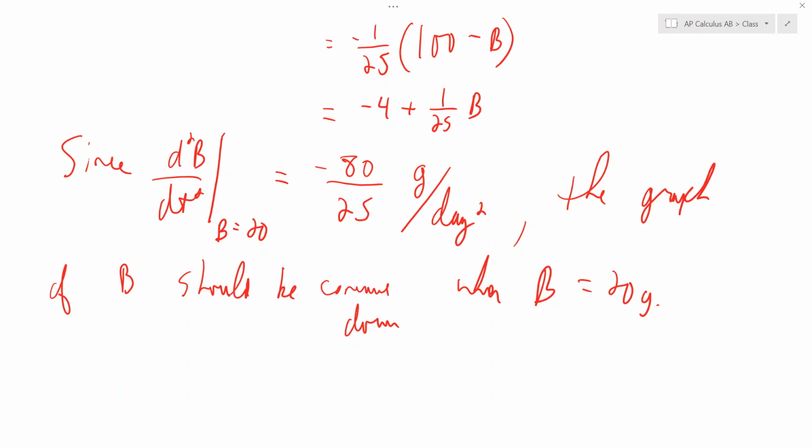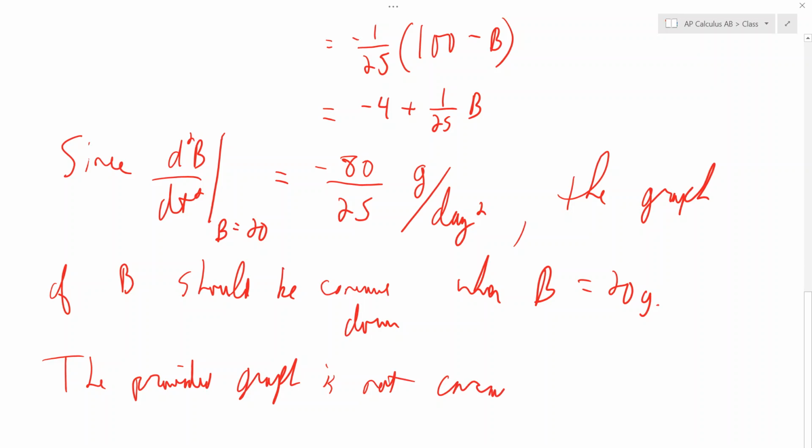That's all we're going to say. The provided graph is not concave down when B equals 20. The provided graph is not concave down.